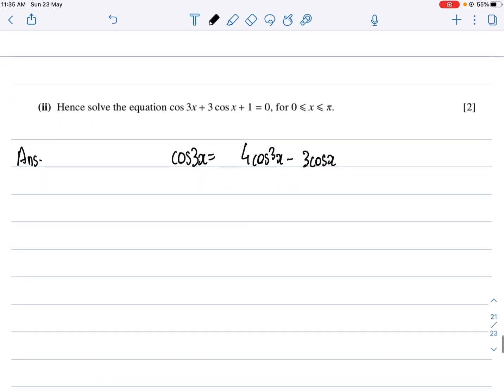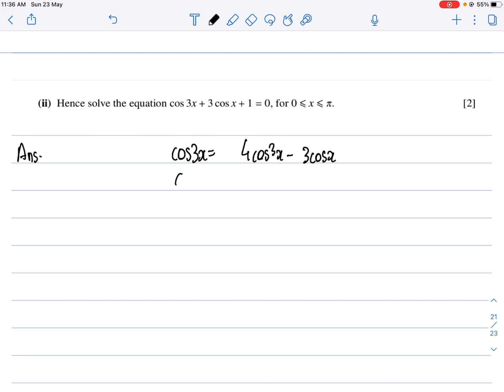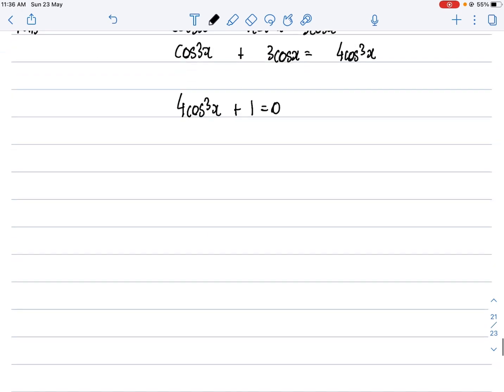So now what I can say is cos 3x plus 3 cos x is equal to 4 cos cube x. So instead of this full thing, I can simply write this as 4 cos cube x plus 1 equals 0. So 4 cos cube x equals minus 1, where cos cube x equals minus 1 by 4.